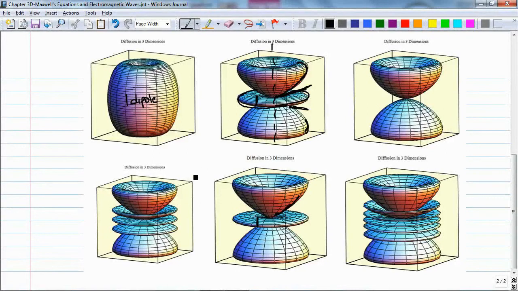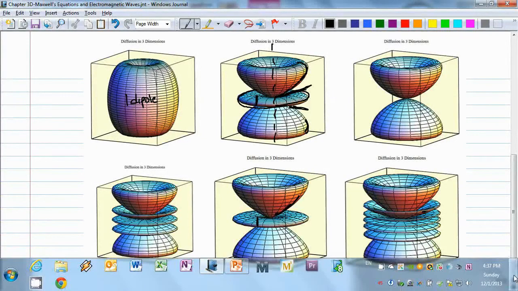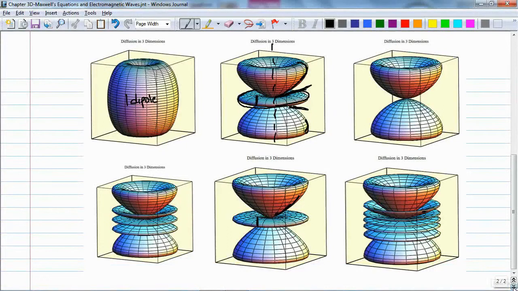Now, this is an emerging science, antenna design. It's very big. There's a lot of new concepts that are coming out. One of them that was developed takes one antenna and makes it look like 5 separate antennas.